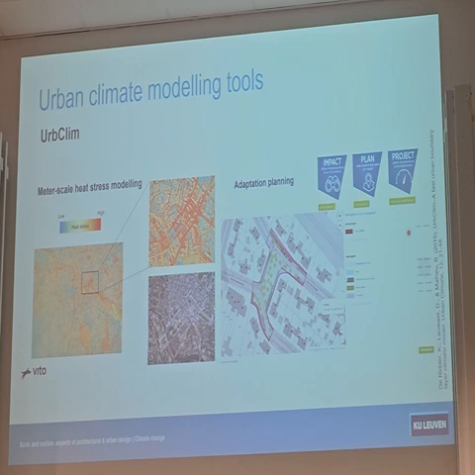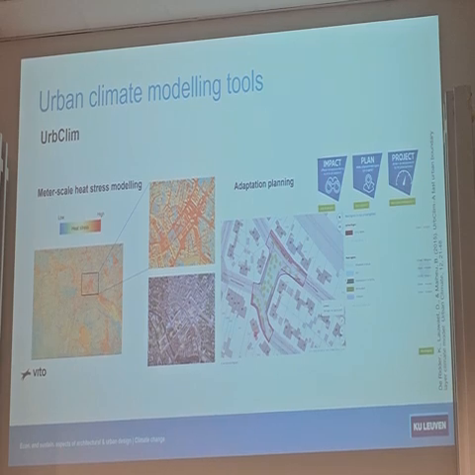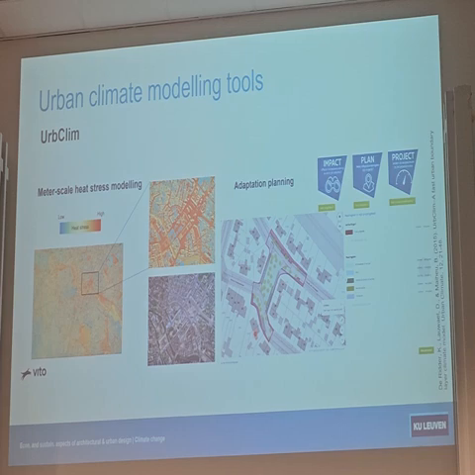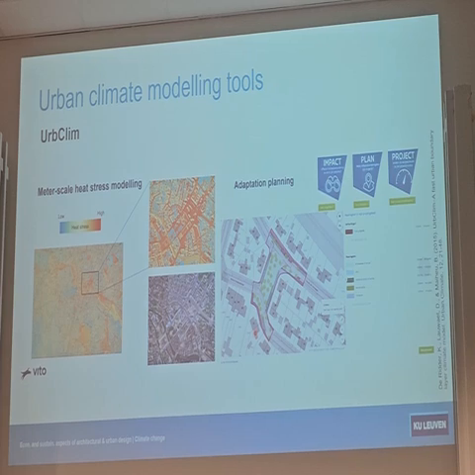They have also used it, and unfortunately it's only a tool that is available at this point for Flanders, but it allows you to select a location in Flanders where you could first see the impact of climate change on that specific location.